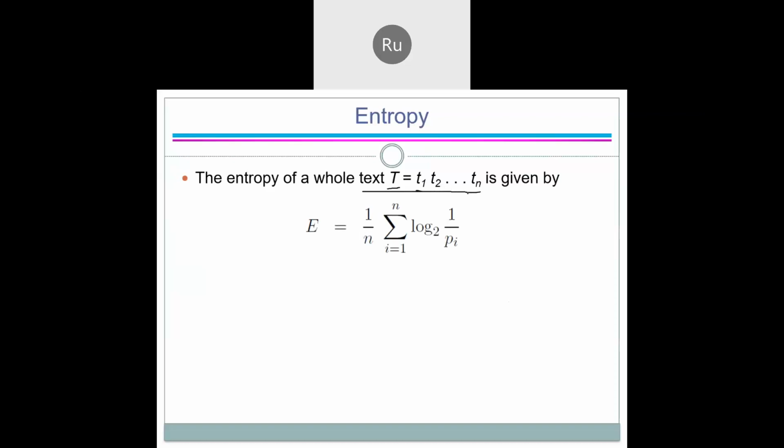The entropy here refers to the probability of each of the terms. So this is the probability. If you have high probability, that means 1, right? So what is log of 1?